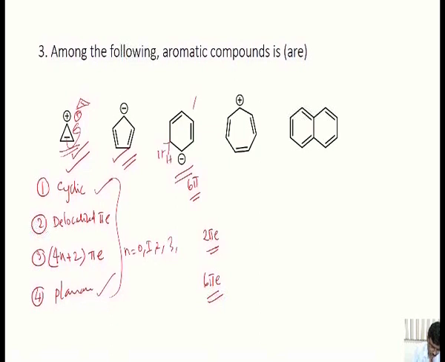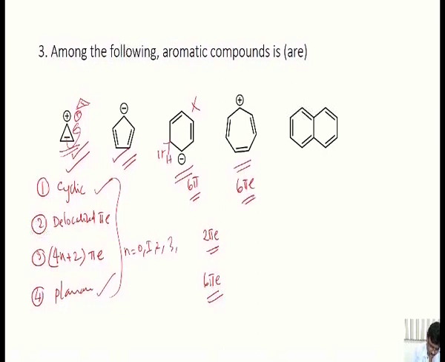Therefore this compound is not aromatic. On the other hand, when you look at this one, the cycloheptatrienyl carbocation, this also has 6 pi electrons.